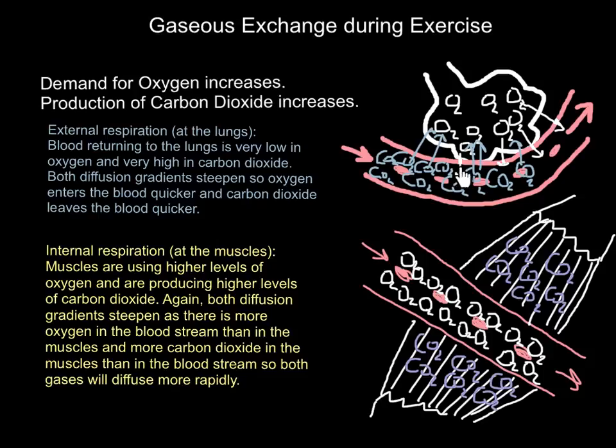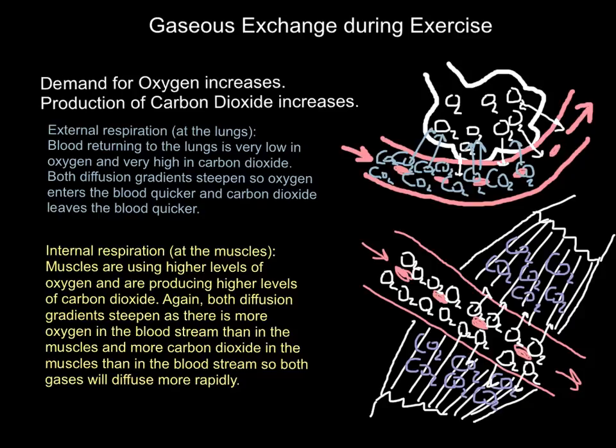This oxygen that entered the bloodstream at the lungs has now worked its way around and is now at the muscles. Because this oxygen is in such a high concentration, such a high partial pressure of oxygen in the bloodstream, and virtually none in the muscles because the muscles are using it so quickly, it is just going to diffuse instantly into that muscle.